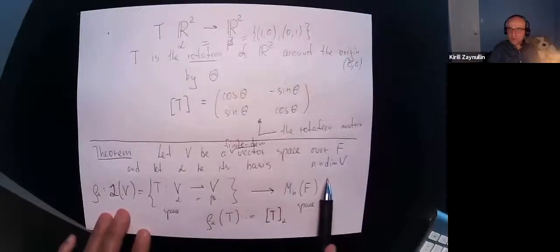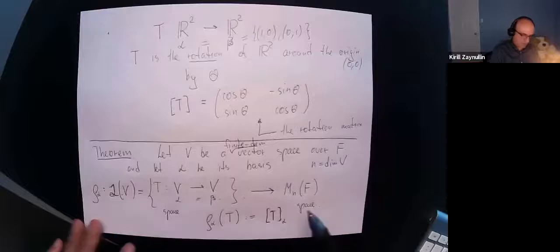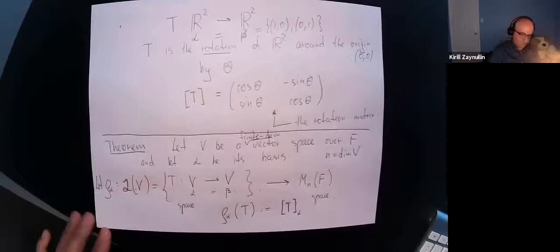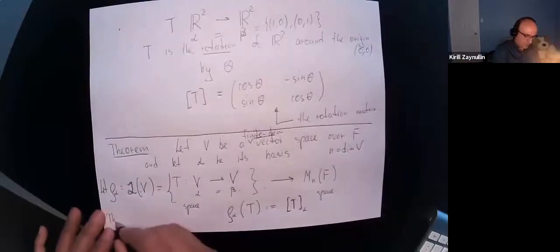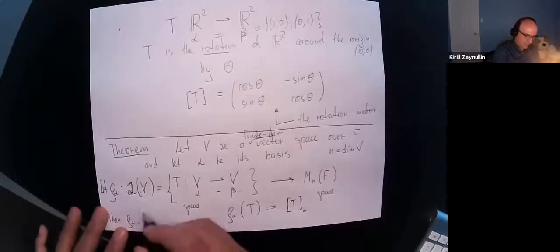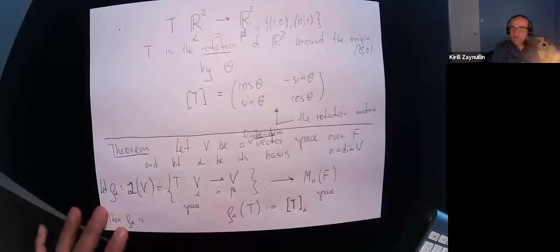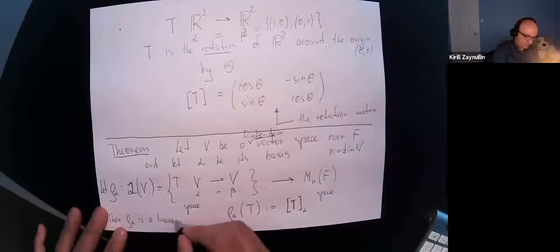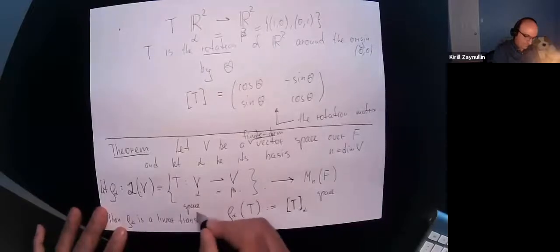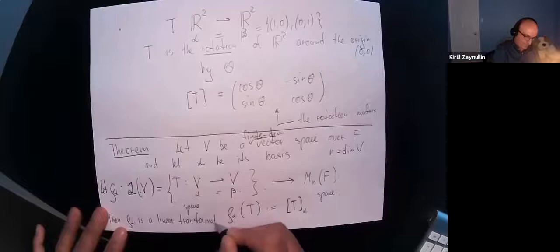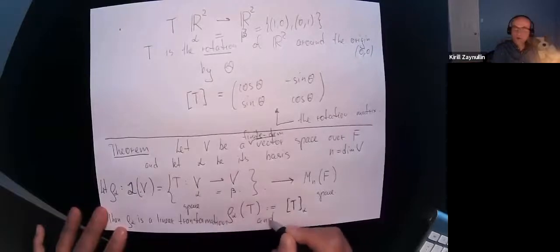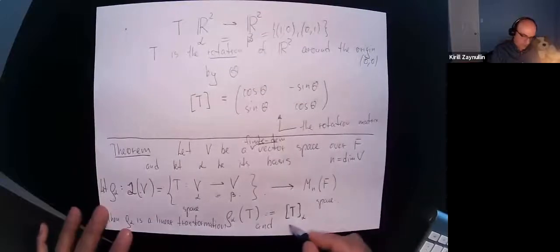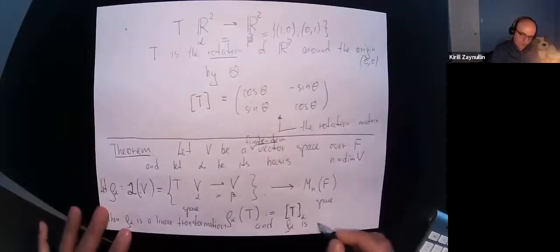The claim is that, let this be a function, then rho alpha is a linear transformation by itself, and what is more important, rho alpha is bijective.